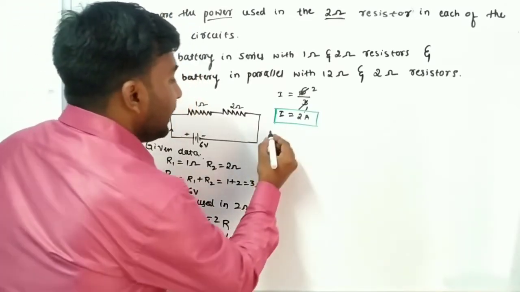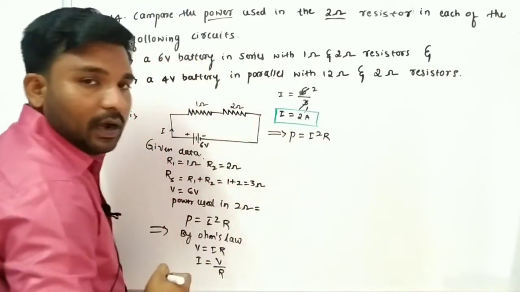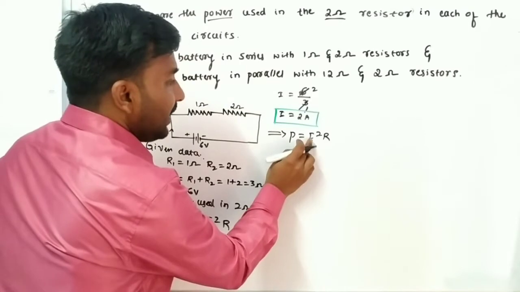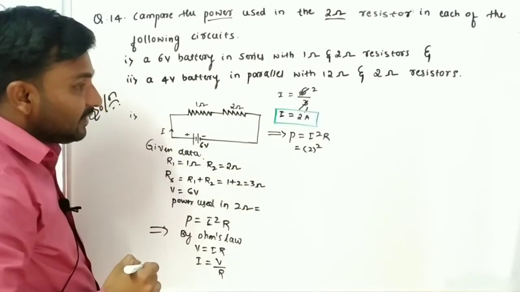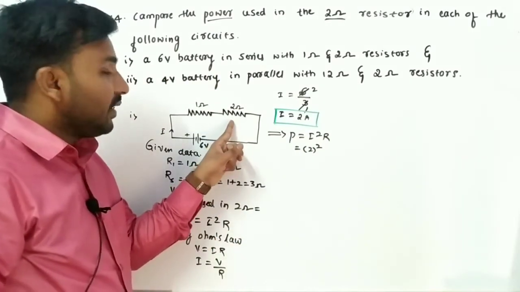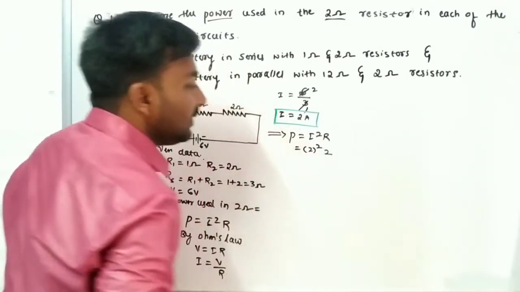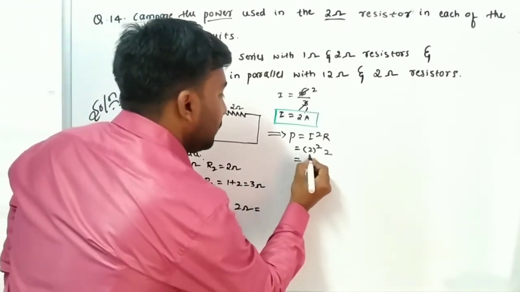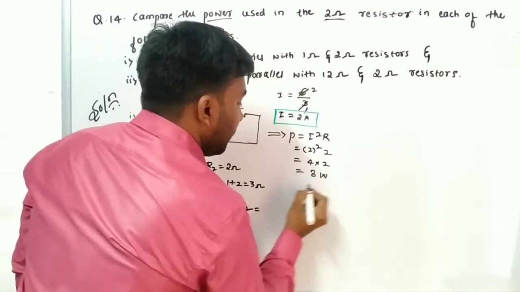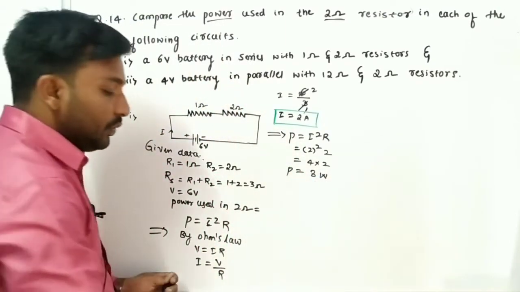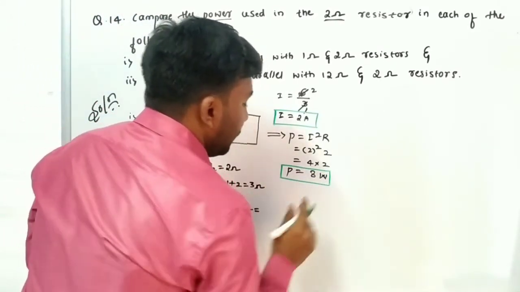This implies that P is equal to I square into R. I is 2, this square, into R, we need to calculate the power through the 2 ohm, so I take resistance 2 ohm. 2 square is 4, this 2 as it is, 4 twos are 8 watt. So the power used in 2 ohm resistor is 8 watt.